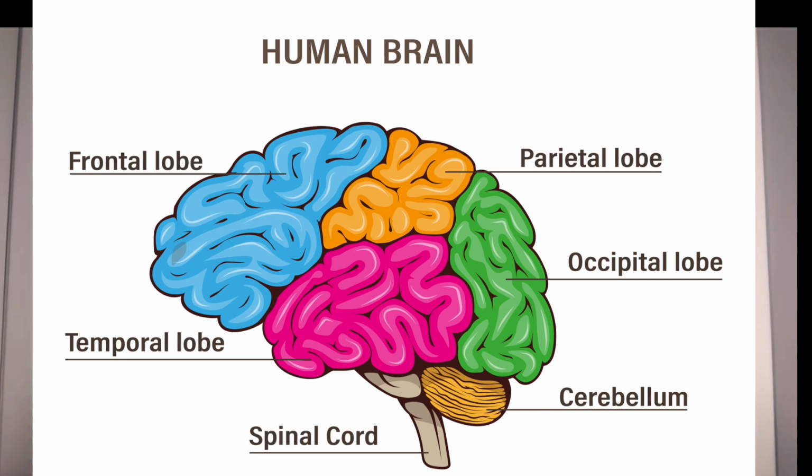Maybe you see it more schematically, like this color-coded section of the human brain, the frontal lobe, the occipital lobe, and the temporal lobe, parietal lobe. We're going to be talking a lot about the occipital lobe, of course, but the whole brain is going to come into play.